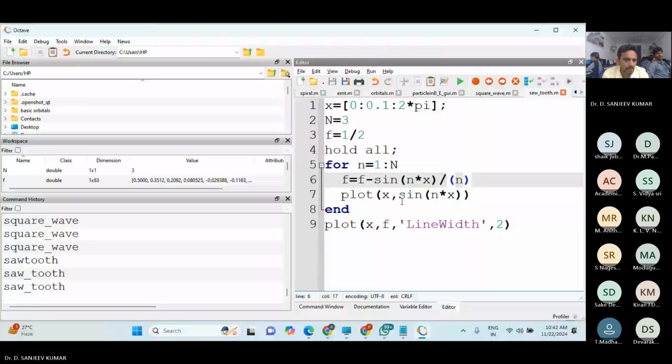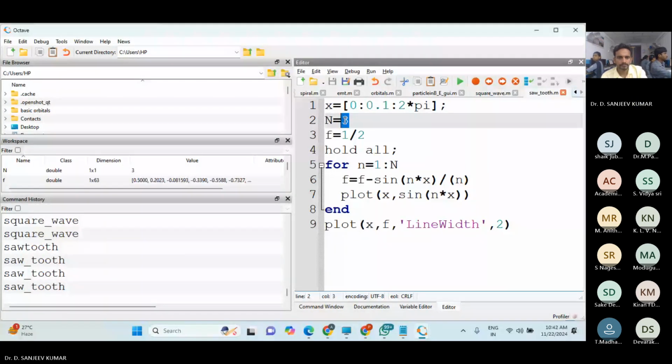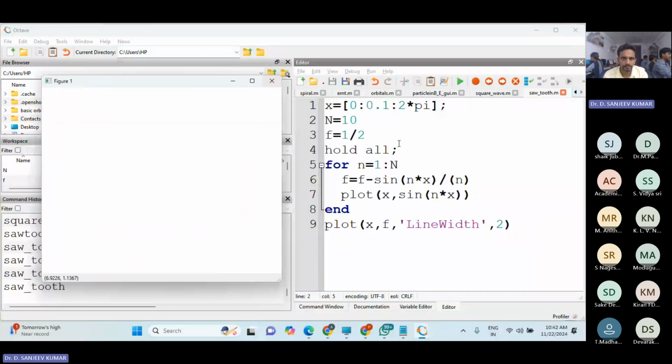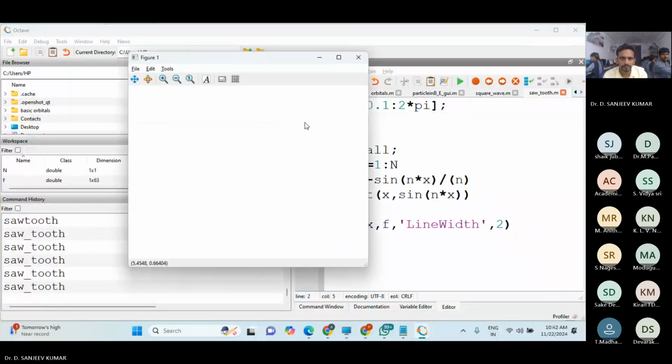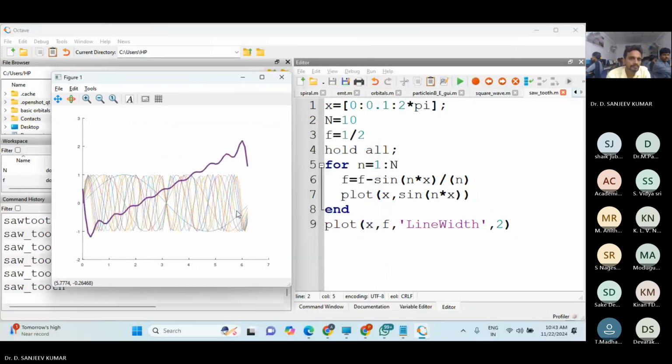So anyway, this is the graph. And if I increase the number of terms, I'll get a better sawtooth wave. So if I increase more and more number of terms, the curve smoothens.